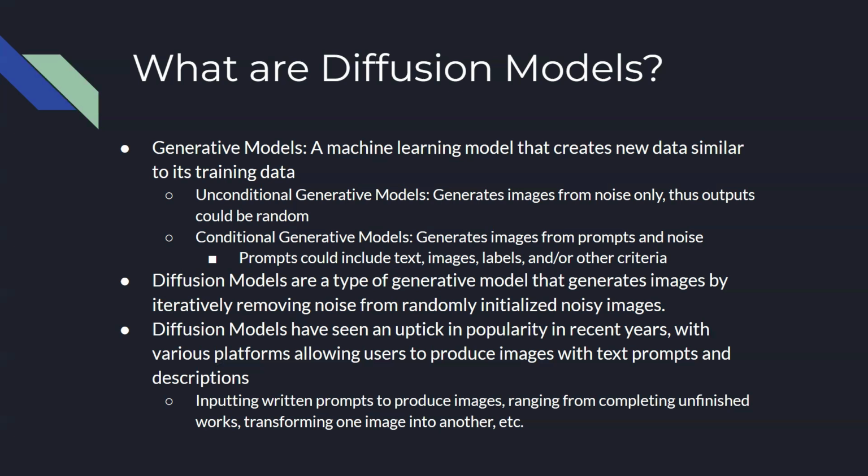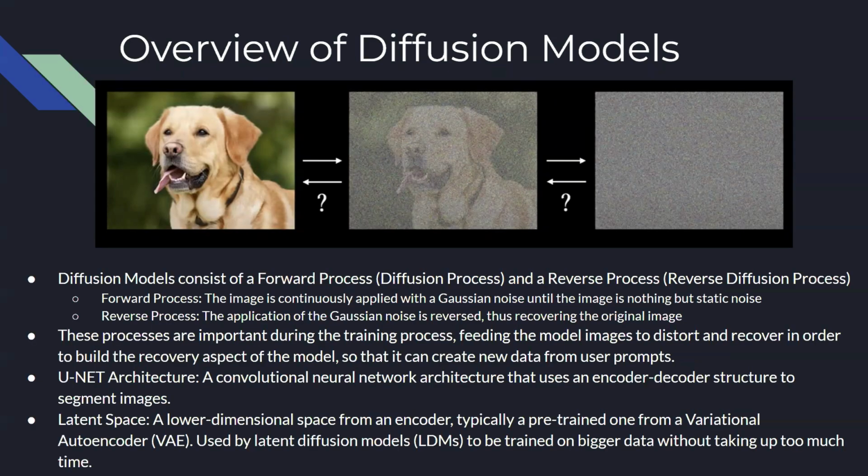Diffusion models have seen an uptick in popularity in recent years, with various platforms allowing users to produce images with text prompts and descriptions, for example, inputting written prompts to produce images ranging from completing unfinished works, transforming one image to another, and etc. For right now, we're just going to give you an overview of diffusion models. We'll definitely go into details later, which will be outlined in our plans later on in the slides.